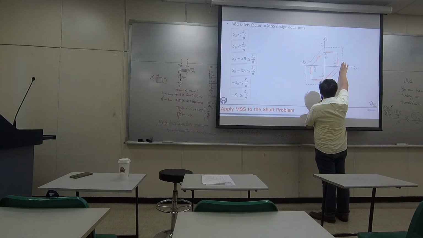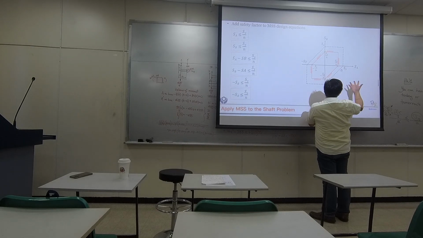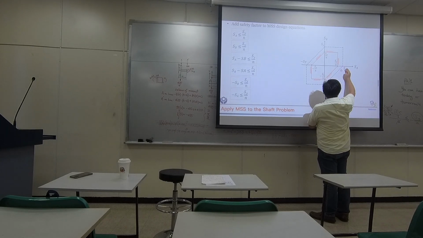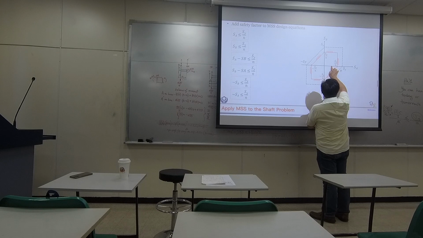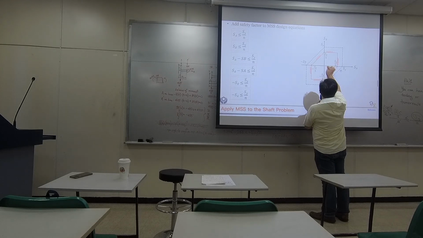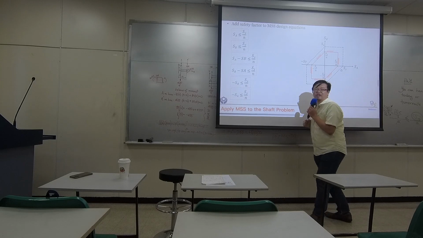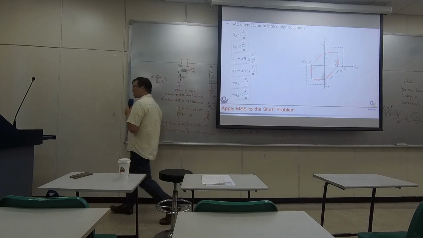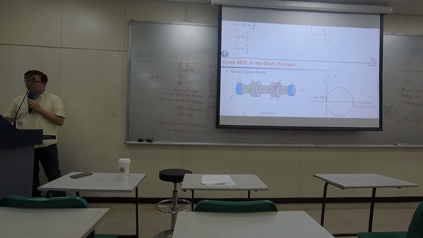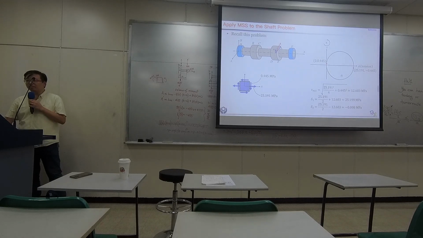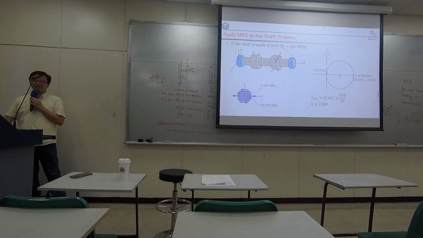So if you want to save money, you can change the material you use. Originally it was 350, you can downgrade to maybe 200, probably somewhere here. You're still having a gap. You can even downgrade to maybe 100 here. You can still have some safety, okay? So that's the idea, and this is how you can compute the level of safety.